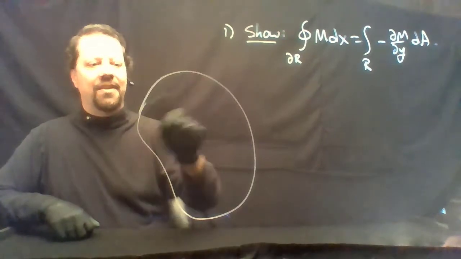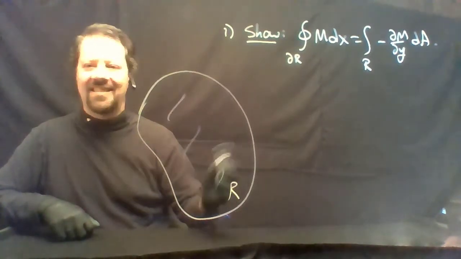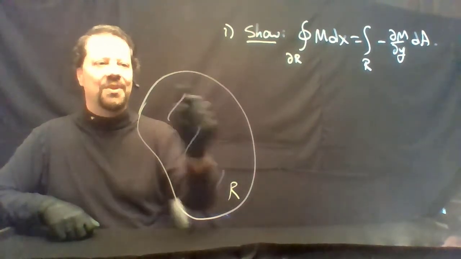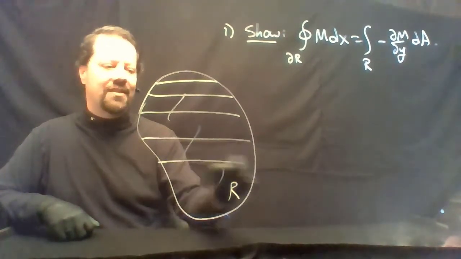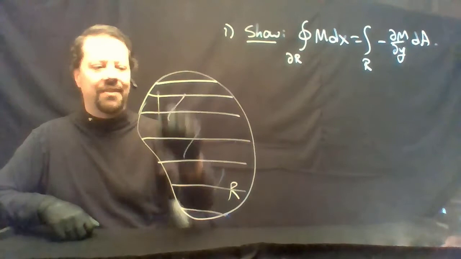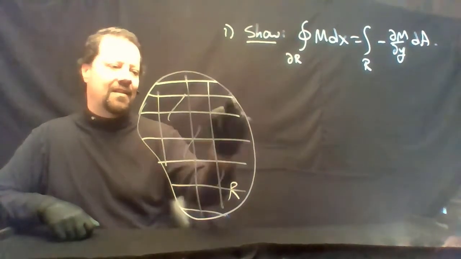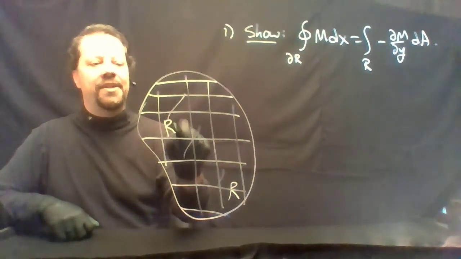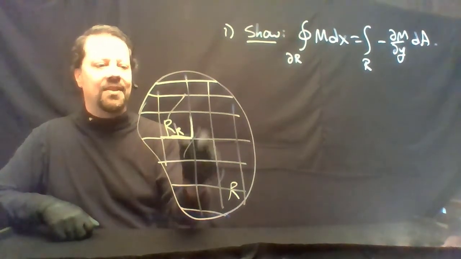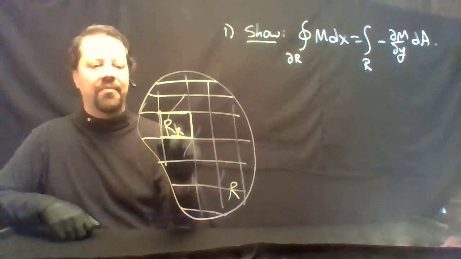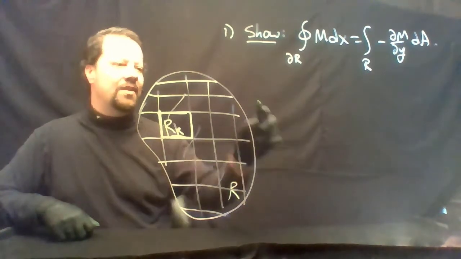Suppose we have our region R like this. Here's what we'll do. We'll slice and dice this up into little subregions. We'll make a partition. And we'll have little subregions R sub k. Each of those little subregions has its own boundary. Here's what we'll do.